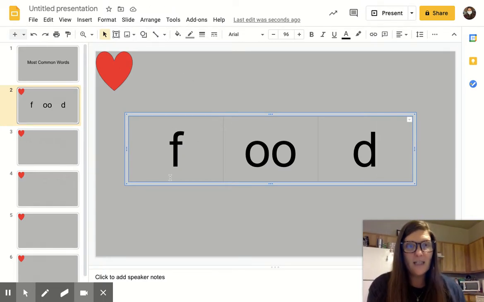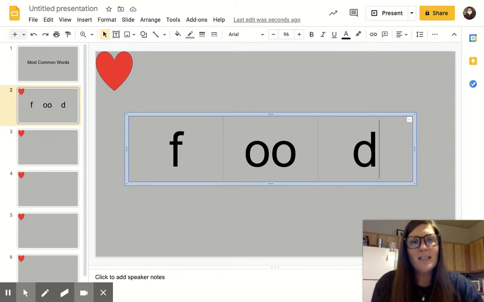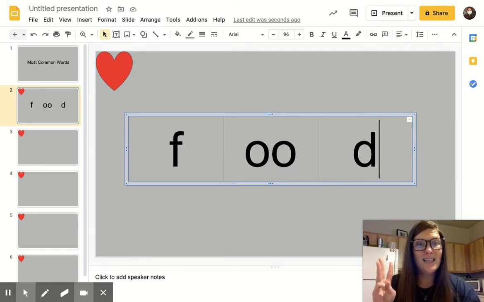Our next word is country. The country that we live in is America. Country. First I want to see how many syllables are in country. Country. 2 syllables, right? Now let's see how many sounds in the first syllable. 3 sounds in the first syllable, and 3 sounds in the second syllable, so 6 sounds.